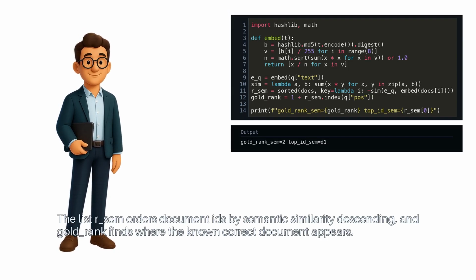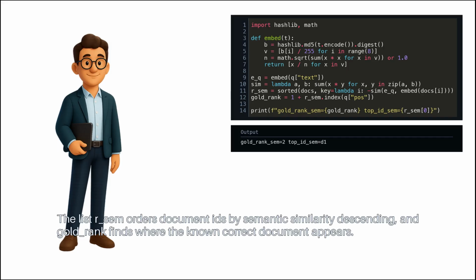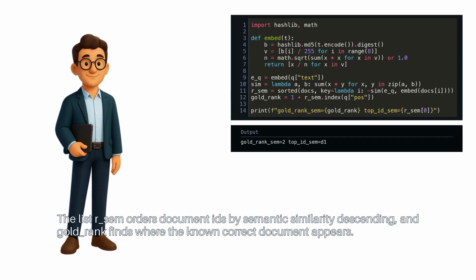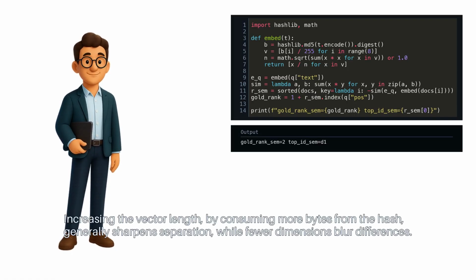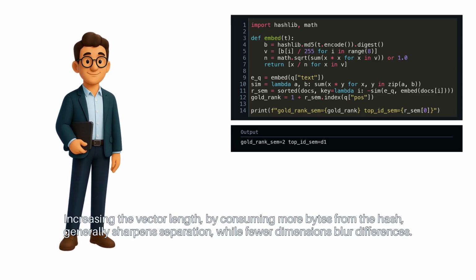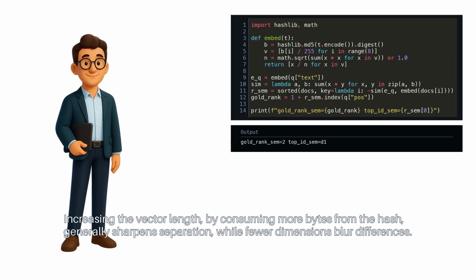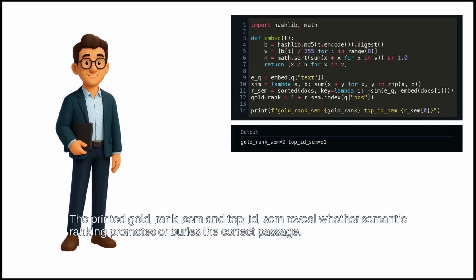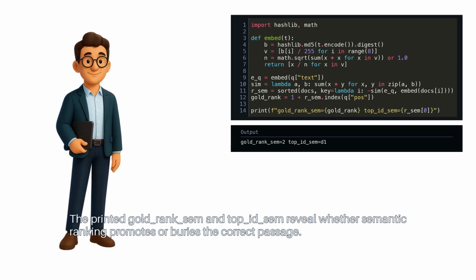The list rsem orders document IDs by semantic similarity descending, and goldrank finds where the known correct document appears. Increasing the vector length by consuming more bytes from the hash generally sharpens separation, while fewer dimensions blur differences. The printed gold rank sem and top ID sem reveal whether semantic ranking promotes or buries the correct passage.